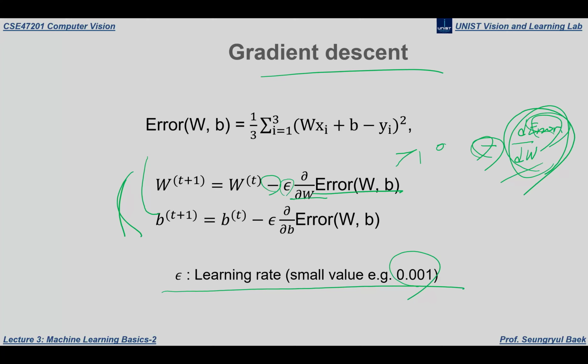So this is a physical value that means where to go in the parameter space.